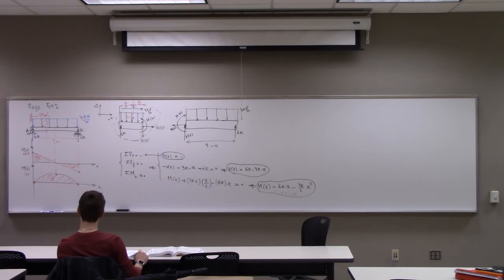So the shear moment diagram has many applications, from basic machine design, machine components part, to larger structure designs. You always want to look at the shear moment diagram to understand what's going on with the structure.